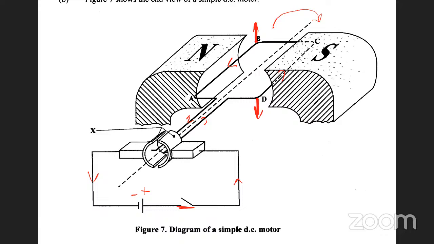What's the law you use? Fleming's left hand rule. Faraday's and Lenz's laws are for the generator, that's something else, though similar.